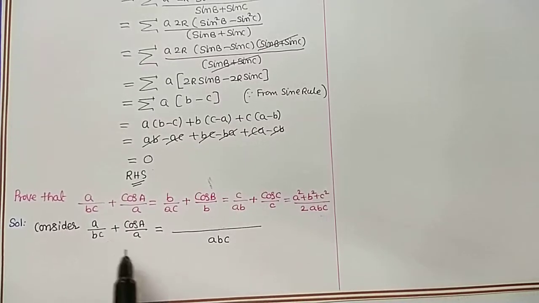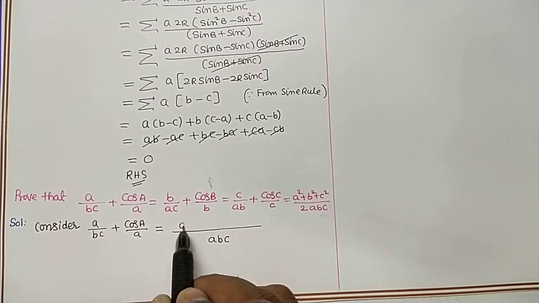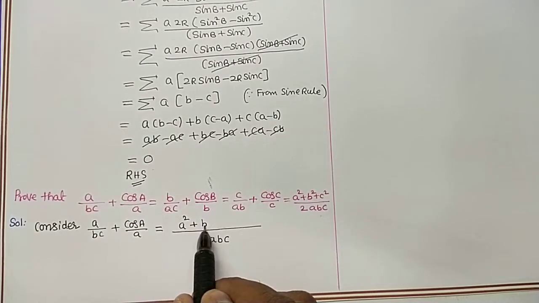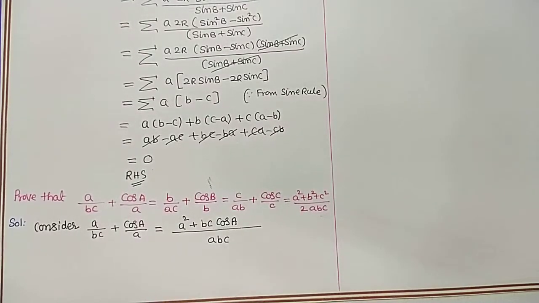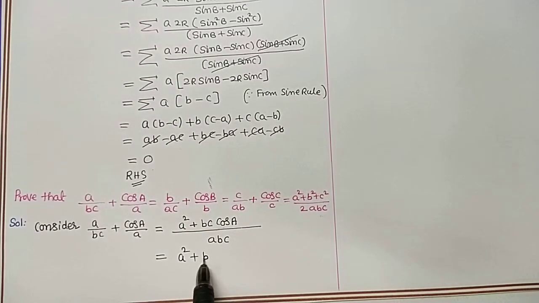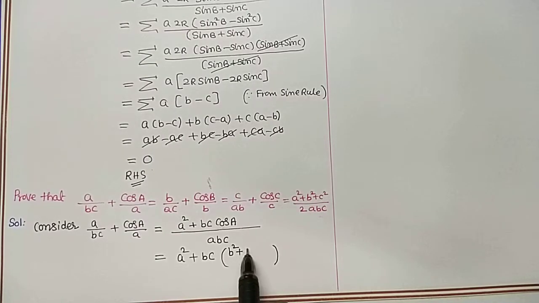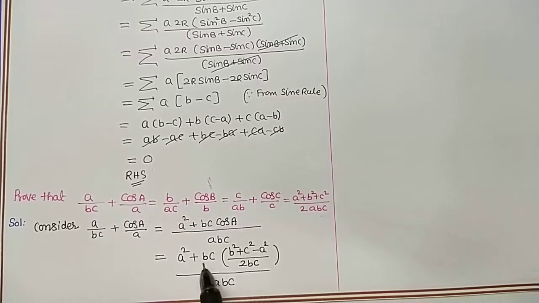After that, here bc gets cancelled, a into a is a square, plus a gets cancelled, bc into cos A, bc cos A. After this step, you have to write the formula for cos A, which is equal to b square plus c square minus a square divided by 2bc. So a square plus bc into b square plus c square minus a square divided by 2bc, whole divided by abc. Here bc gets cancelled.